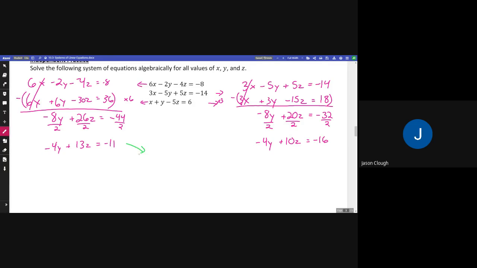Second step, I bring these two equations together. I'm going to subtract the bottom from the top.